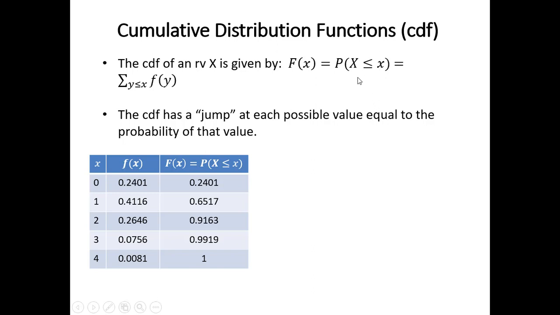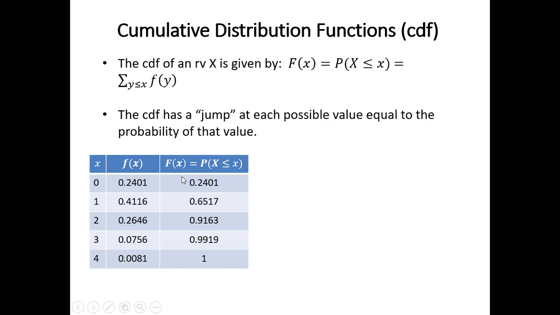Okay, so an example might be, suppose I have a random variable x. It could take on these 5 values, 0, 1, 2, 3, 4. These are the probabilities. Okay, so this would be my PMF, my probability mass function.